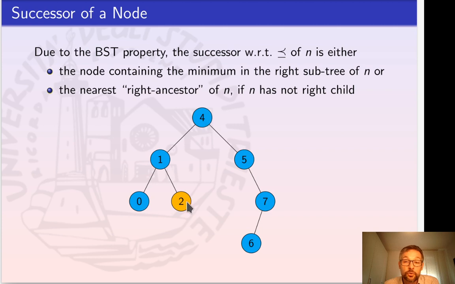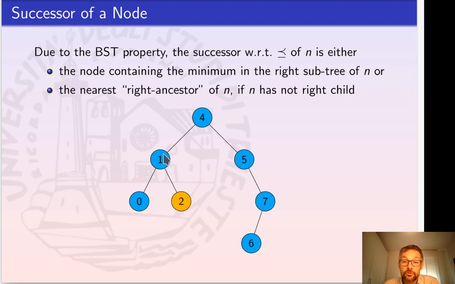Why? Because to reach 2 from 4, we need to move to the left and then move along the rightmost branch from 1.